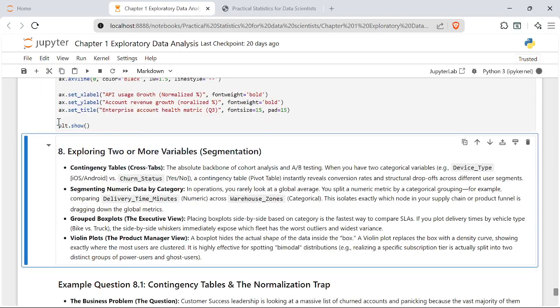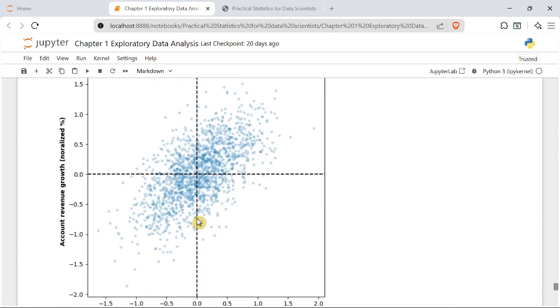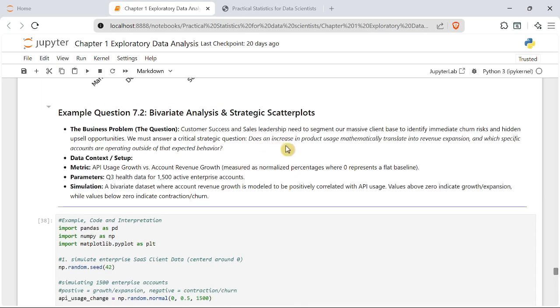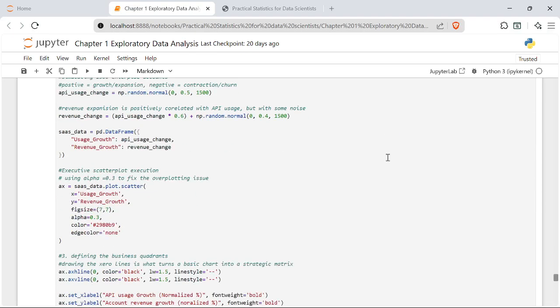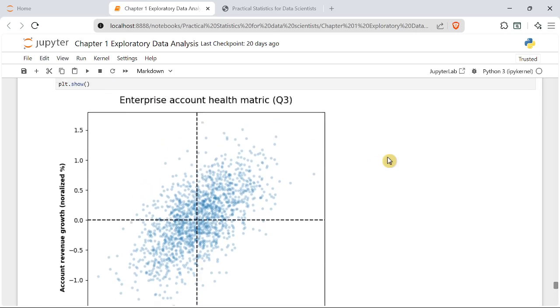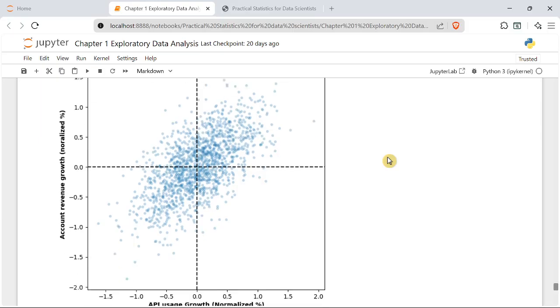Okay. So we needed to answer: does an increase in product usage mathematically translate into revenue expansion, and which specific accounts are operating outside the expected behavior? So here is our enterprise account health metrics.